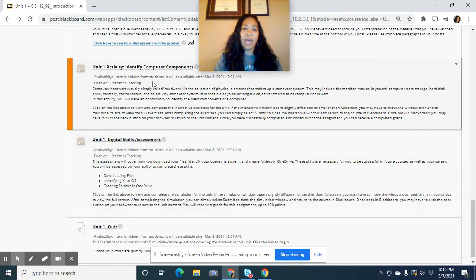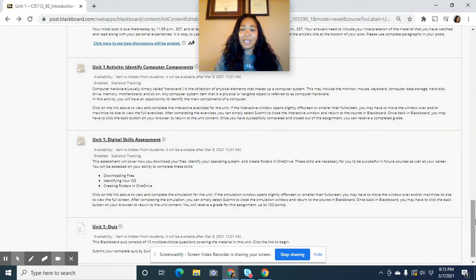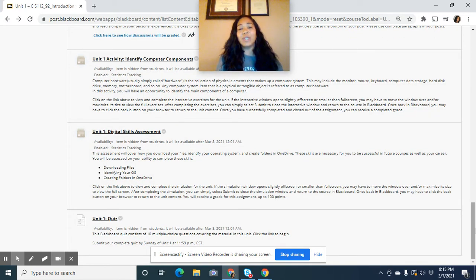Then we also have identify unit computer components. And this is just a really fun, interactive, engaging activity for us to identify certain components of the computer. Don't feel afraid, don't feel alarmed. And then lastly, we have just two really quick quizzes just to make sure that you were understanding how to navigate through Unit 1 and some of the information that you learn along the way.